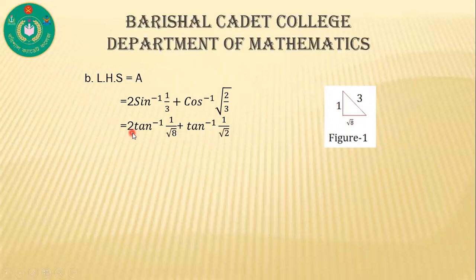So we can write 2 tan inverse. Tan inverse means perpendicular by base. Here perpendicular 1 and base root 8. And again cos inverse root 2 by root 3 means base by hypotenuse. Here base root 2 and hypotenuse root 3.